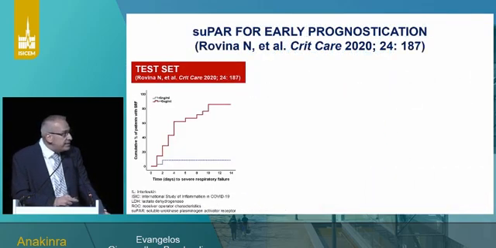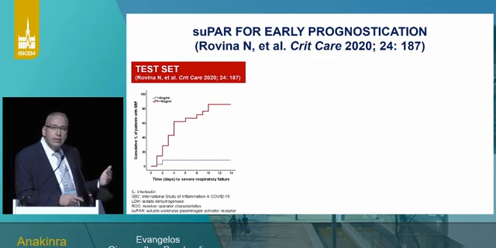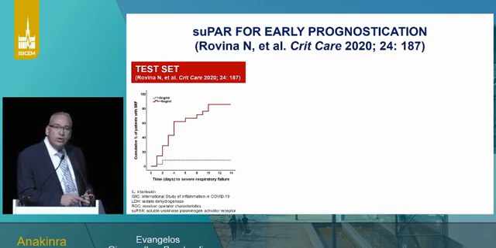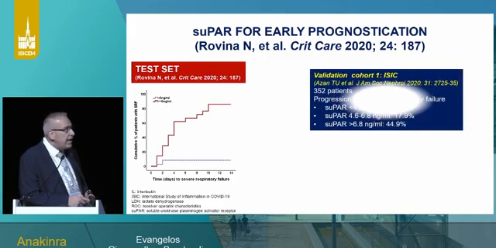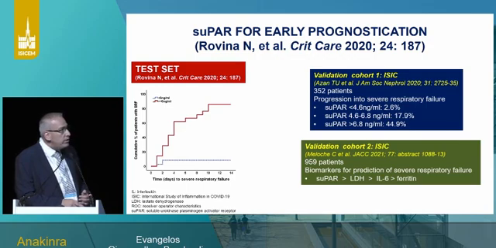And this is exactly what we did. This is the test set of how suPAR, in a patient on nasal oxygen or oxygen mask, can prognosticate the future of this patient. We have 2 independent validation cohorts from the SESSIC consortium, the first published in November 2020, the other presented a few months ago at the American Association of Cardiology.